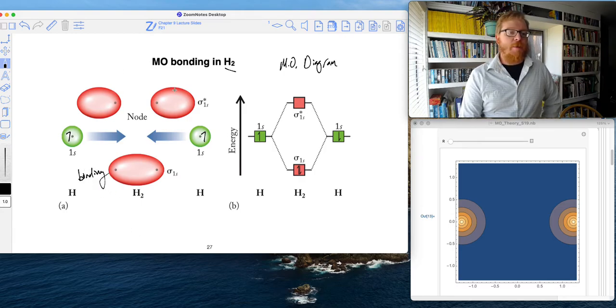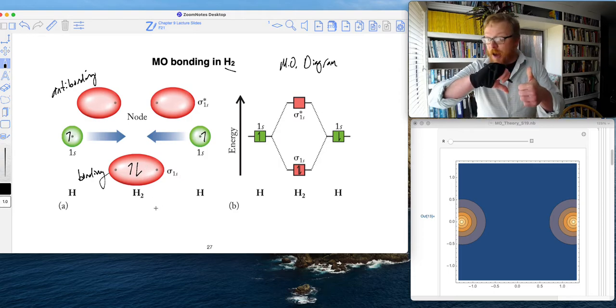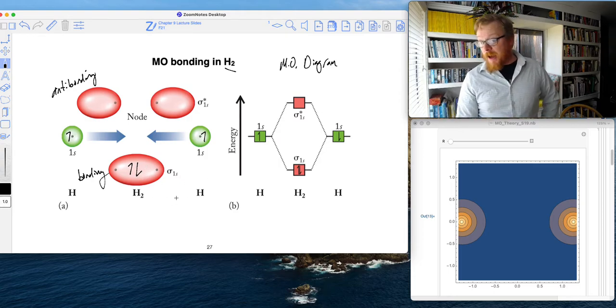Or, depending on the sign of the wave function and the spin of the electron, which gets into the complicated quantum mechanics details that we're not too worried about, this is our antibonding orbital. And we can see that the antibonding orbital is much higher in energy than the bonding orbital. So there is a benefit when these two hydrogens get together: the electron spins become paired up and down, and this creates our bonding orbital.